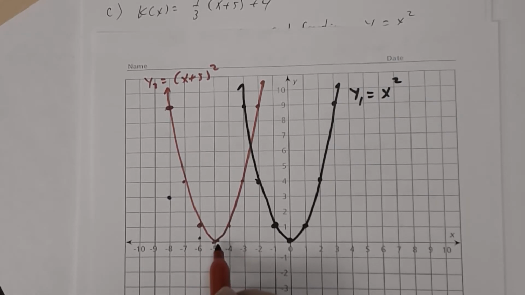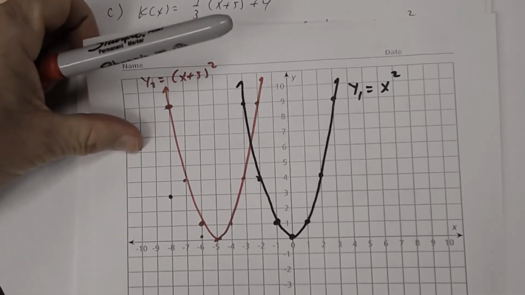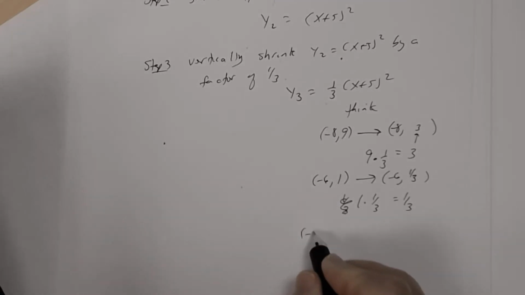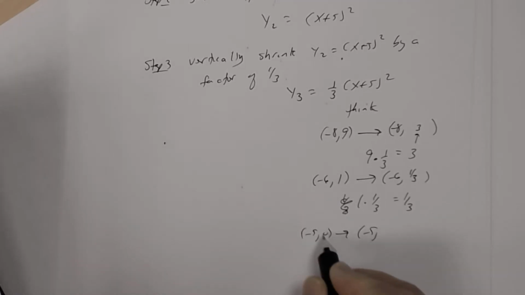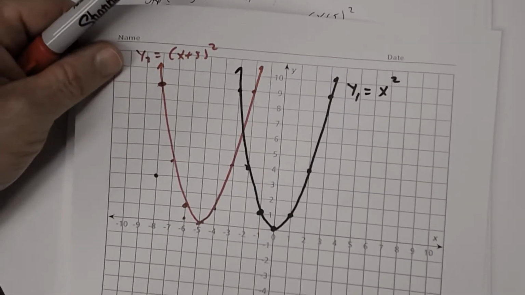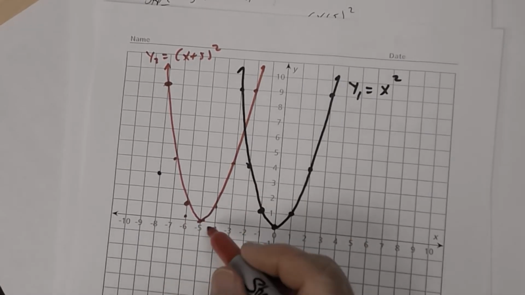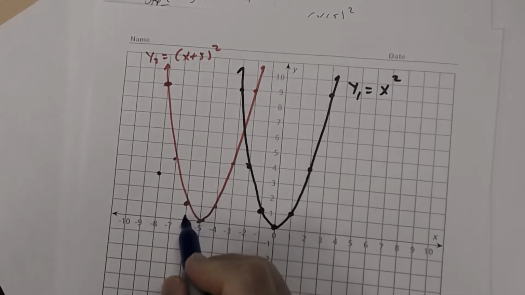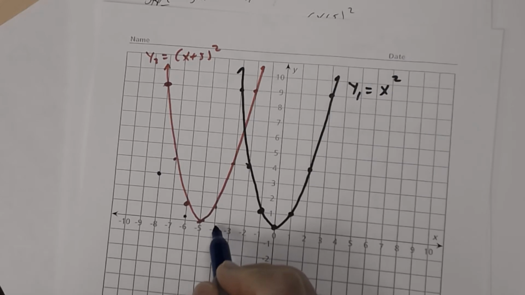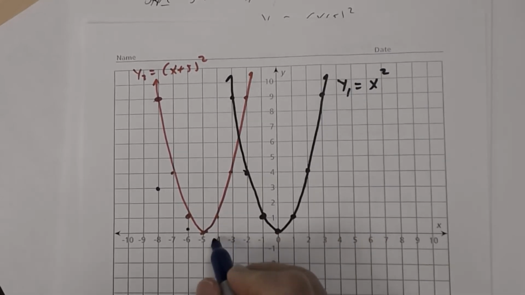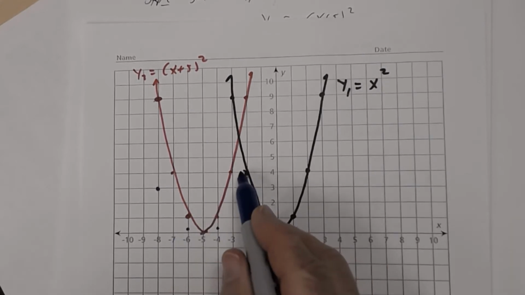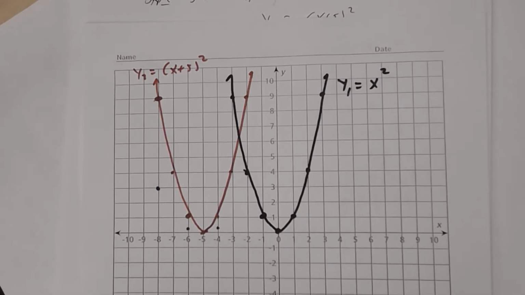And then the point (-5, 0) becomes the point -5, and what's 0 times 1/3? Well, 0 times 1/3 is still 0, so it stays on the x-axis. And then notice the symmetry. So the point (-4, 1) is going to be (-4, 1/3), and let's do the next one.